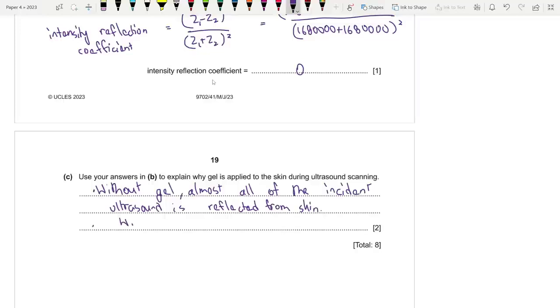But using the gel, with the coupling medium, almost all the incident ultrasound is transmitted into the body, okay?